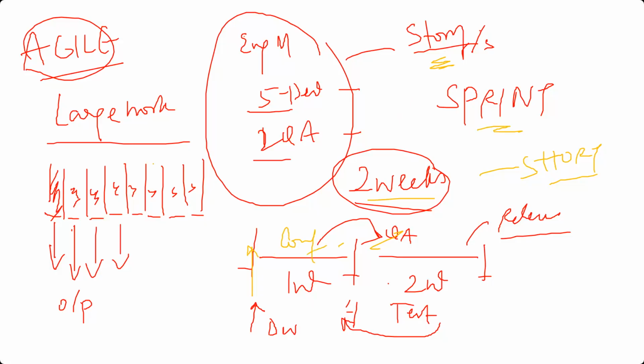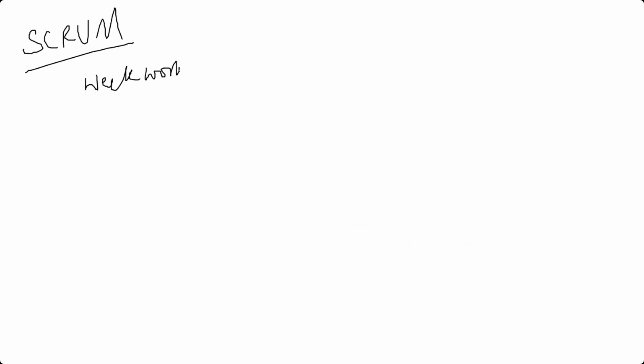To avoid that, there is a variant, a new version of Agile, which is actually called Scrum. What is Scrum? Scrum is also week-on-week work, but it follows some additional processes.